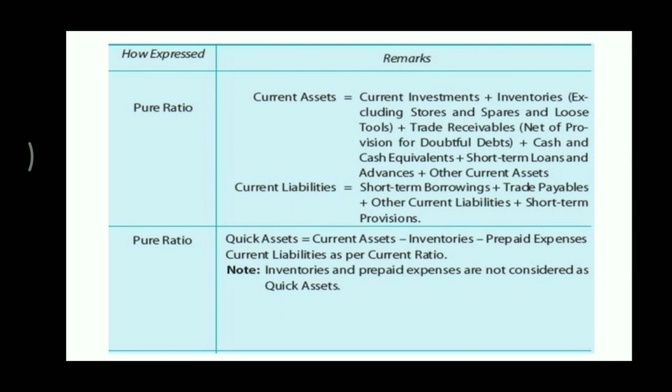Two things from current assets: inventories and prepaid expenses. So if any advance tax is there, you will also deduct that one because it's also a prepaid expense, but you used to write it separately. So inventories and prepaid expenses, if you exclude from current assets, it will be termed as your quick assets.